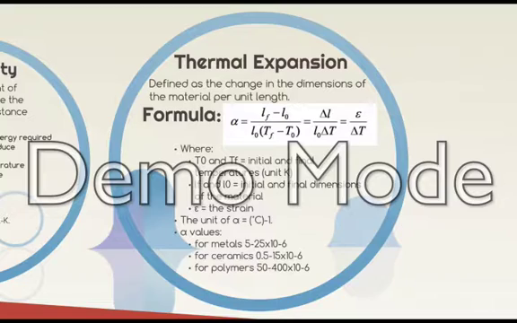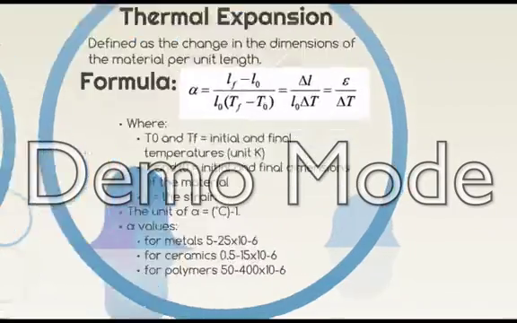The symbol alpha is the expansion coefficient. The unit of thermal expansion is the symbol of temperature to the power of -1. And these are the thermal expansion values for metals, polymers and ceramics. They have different values.